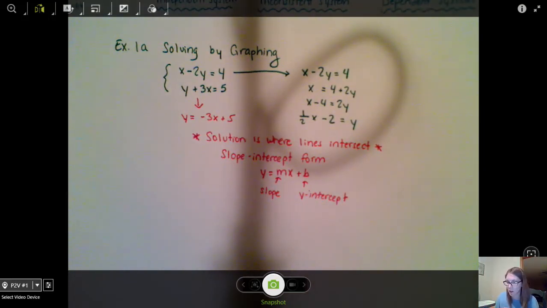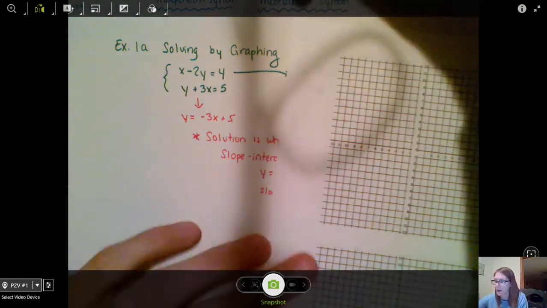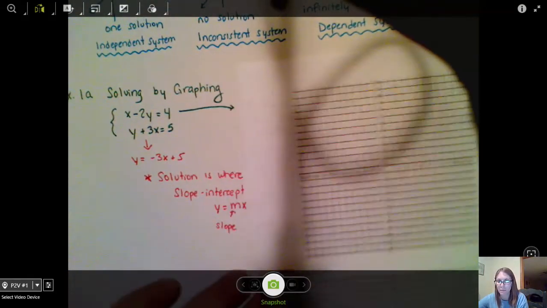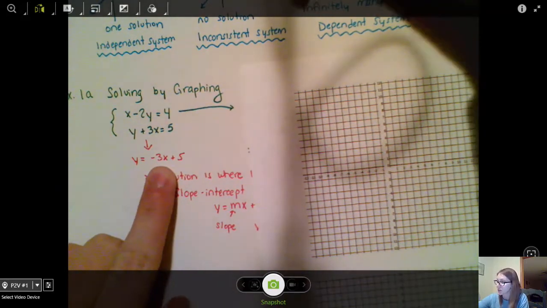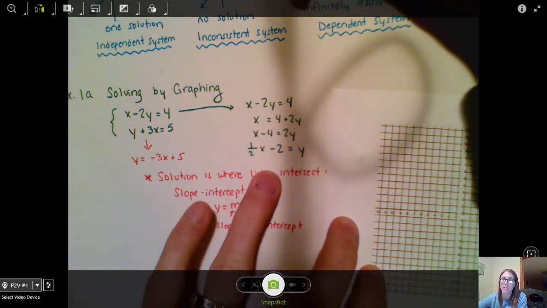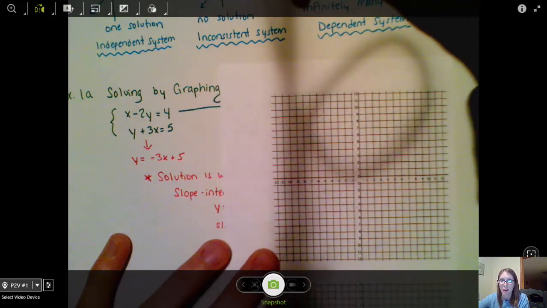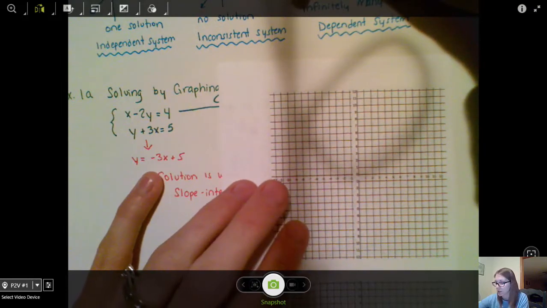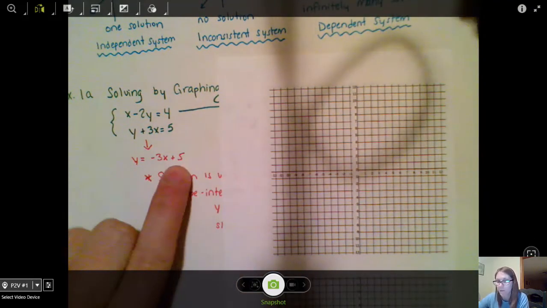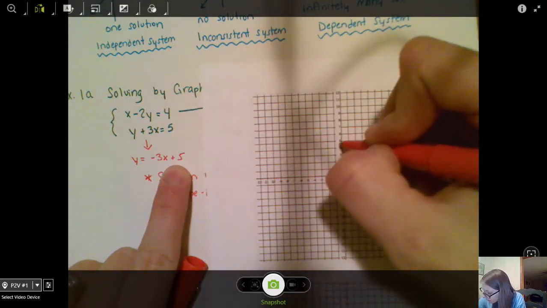Okay, let's graph our equations here. And I'll graph my y equals negative 3x plus 5 in red, and then my y equals 1/2 x minus 2 in green. So you can tell the differences on here too. All right, y equals negative 3x plus 5. 5 is my y-intercept, so I want to start there on my graph.